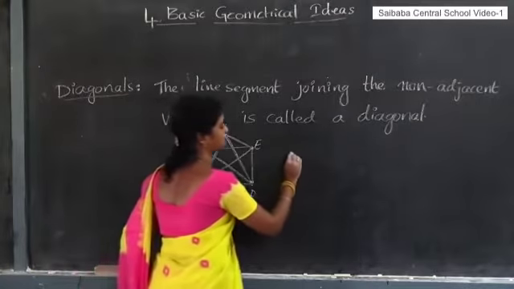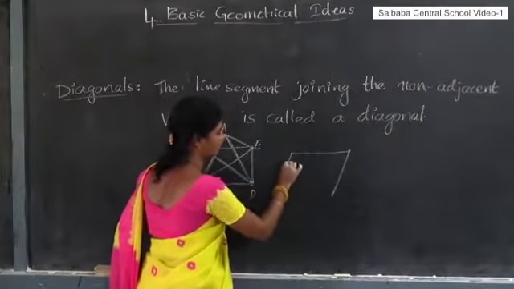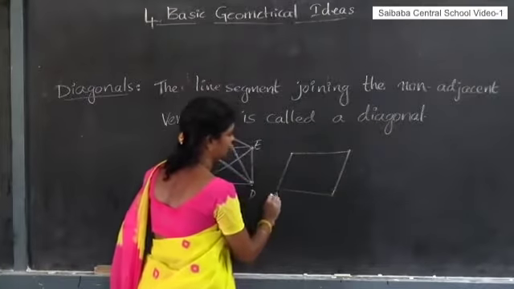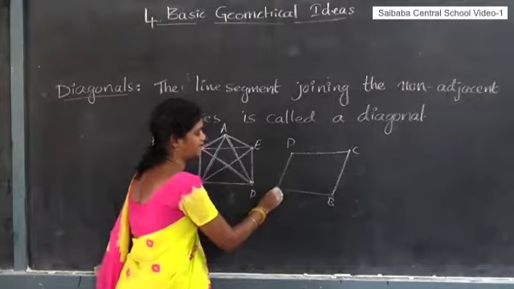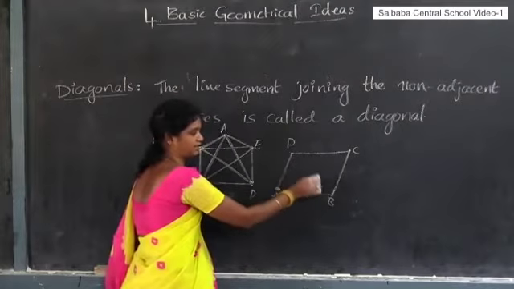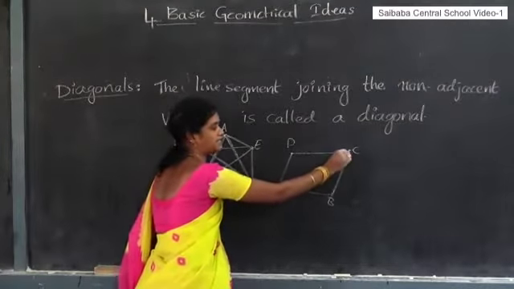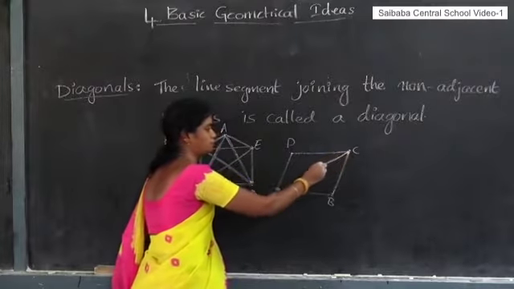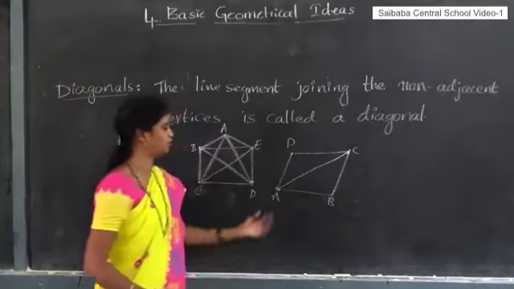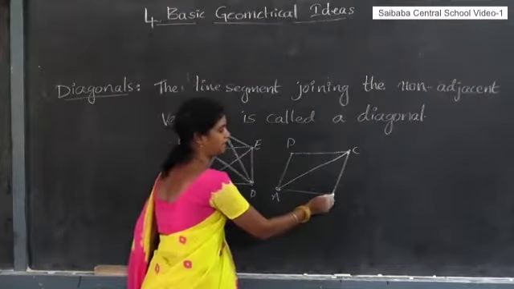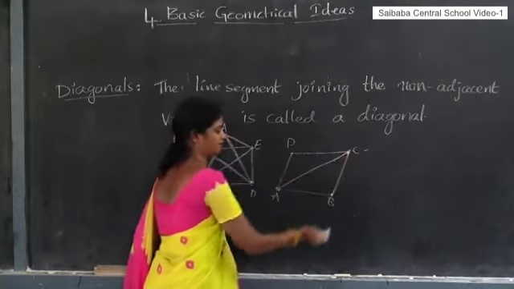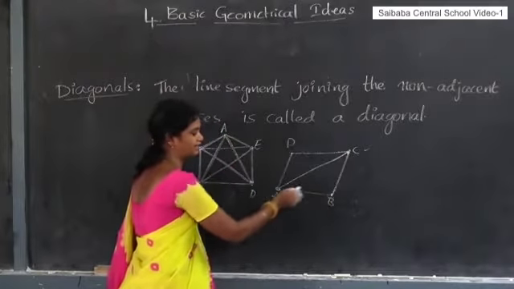A simple figure: consider a quadrilateral ABCD. For A, these two are the adjacent vertices and this is the non-adjacent vertex. If you join A with C, we call AC the diagonal. For B, this is an adjacent vertex and this is an adjacent vertex.